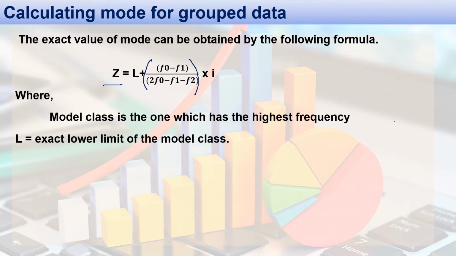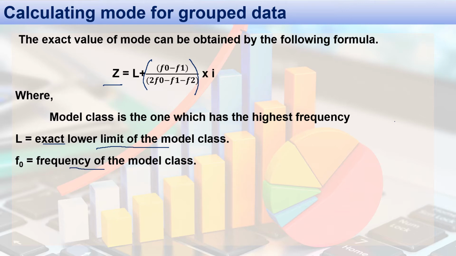Then L represents the exact lower limit of the modal class. F0 represents the frequency of the modal class.